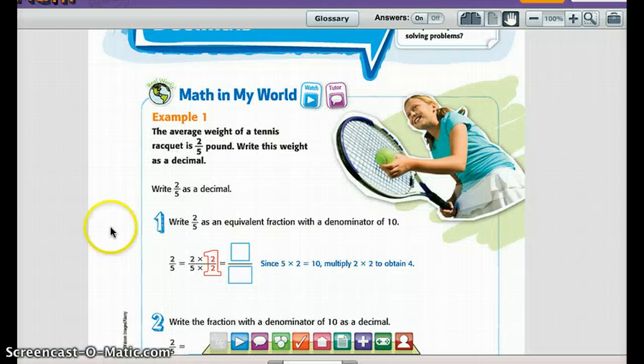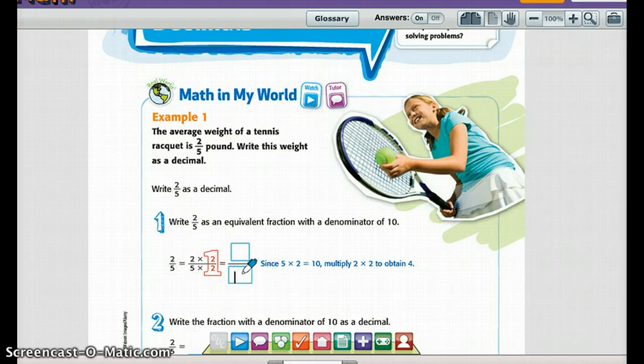I'm on page 595. So another way to do this, like we saw in the video, you can do regular division, which you know how to do from dividing decimals. But if you have a decimal or a fraction that has a denominator of 5 or 10, you can make that into a decimal pretty easily. So if you have 2/5, for example, you could know an equivalent fraction of that would be 10 as your denominator.